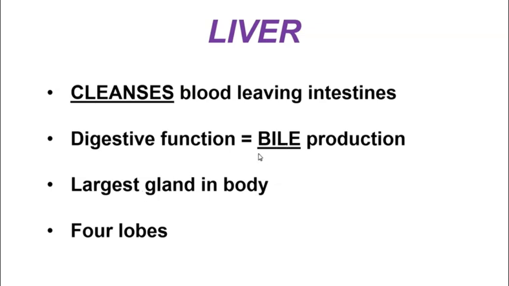As far as its digestive functions are concerned, the liver is one of the largest glands in the body, and its glandular functions include producing a substance called bile. And what bile does is that it doesn't digest lipids chemically, but it digests lipids or breaks down lipids mechanically. So bile emulsifies lipids. So it basically acts like a detergent to break up lipids into much smaller droplets or much smaller pieces.